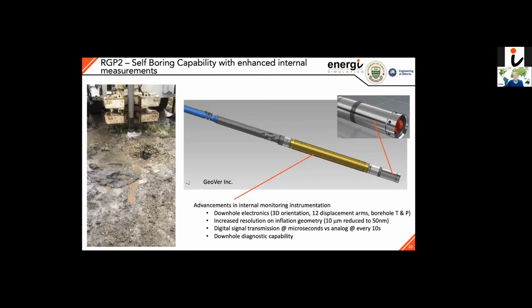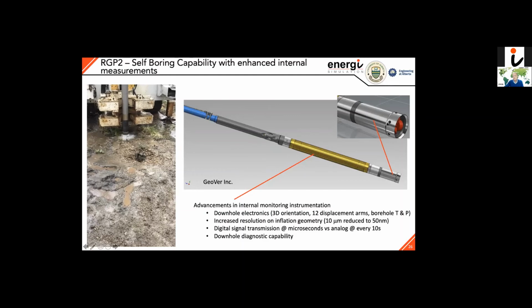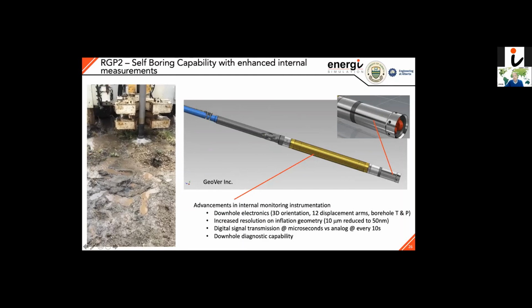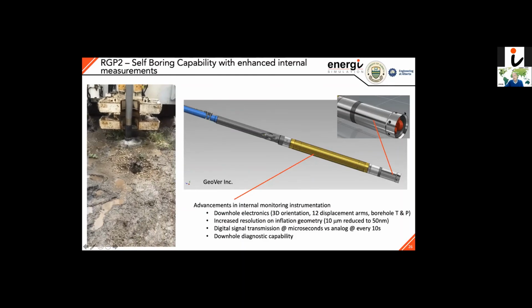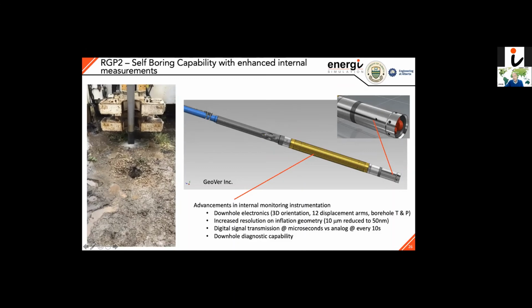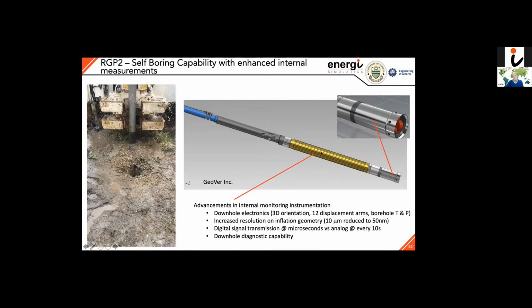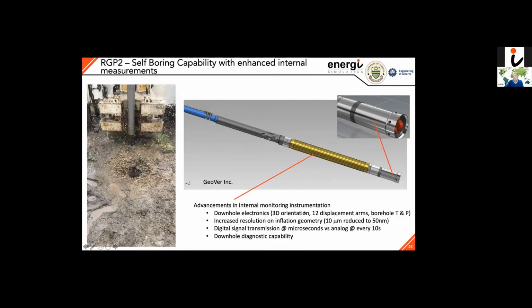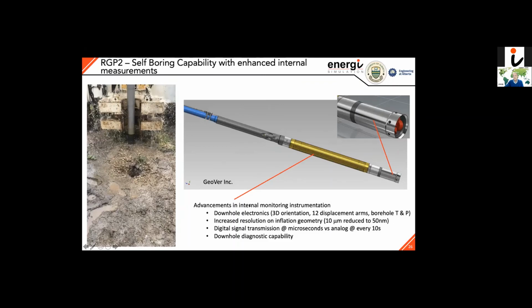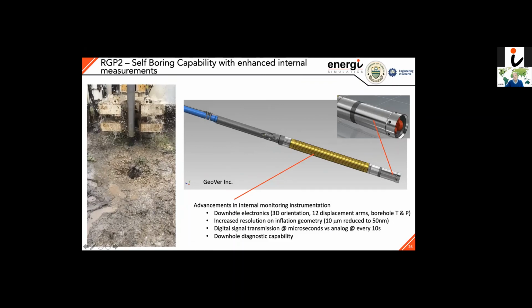So this is just a little bit different picture. You can see the bit. This time the cuttings have to go up the inside of the tool and come out this circulation sub. We built advanced electronics in here, increased resolution, digital transmission, downhole diagnostic capabilities.